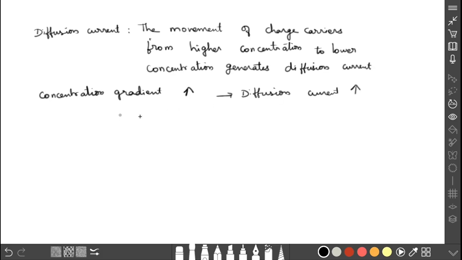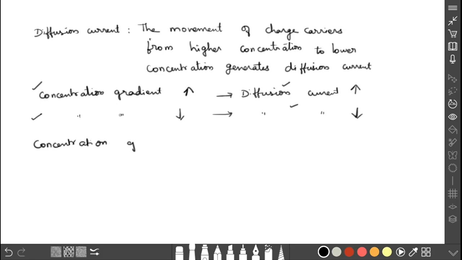If the concentration gradient is low, then automatically diffusion current is also low. This you have to understand. The difference is more, the current will be more. The difference is less, the current will be less.